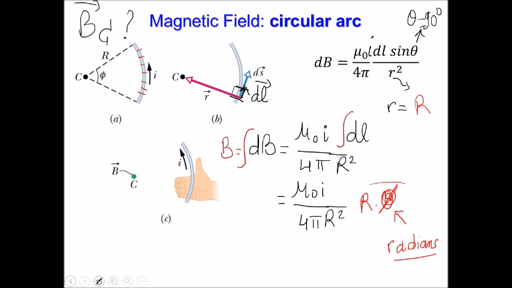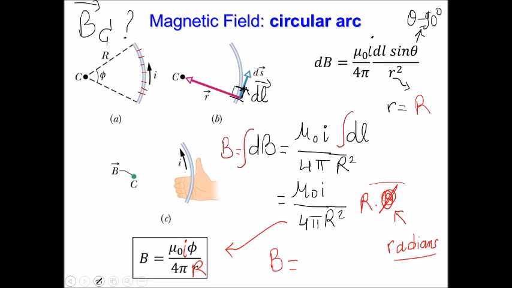So if you do that, you will find that B is equal to mu 0 I phi over 4 pi r, where r is the radius of the circle. So basically, if I write it properly here, B is equal to mu 0 I phi over 4 pi r.